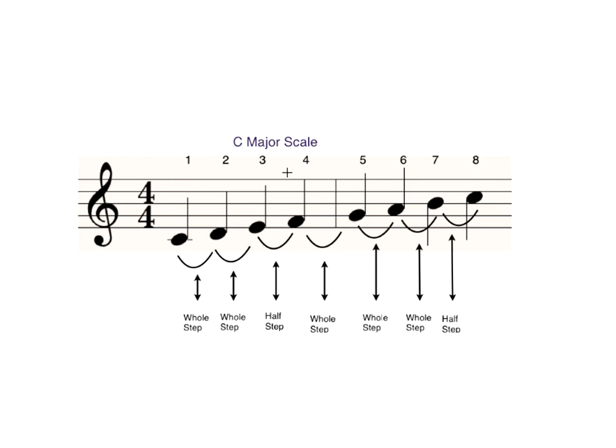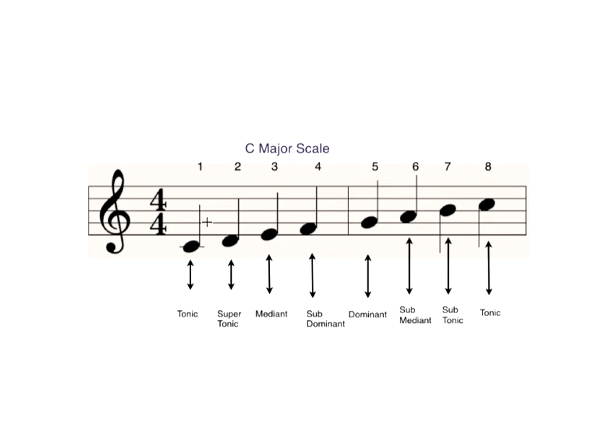Now there's also another system of naming that's used in classical music theory, which refers to the note's function in the corresponding key signature. So each degree or step of the scale has a specific function in this key, in this case the key of C. Let me show you another graphic here that has these names.